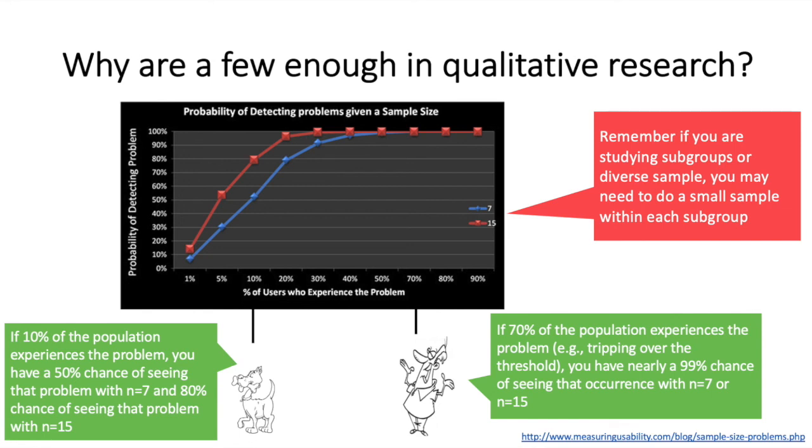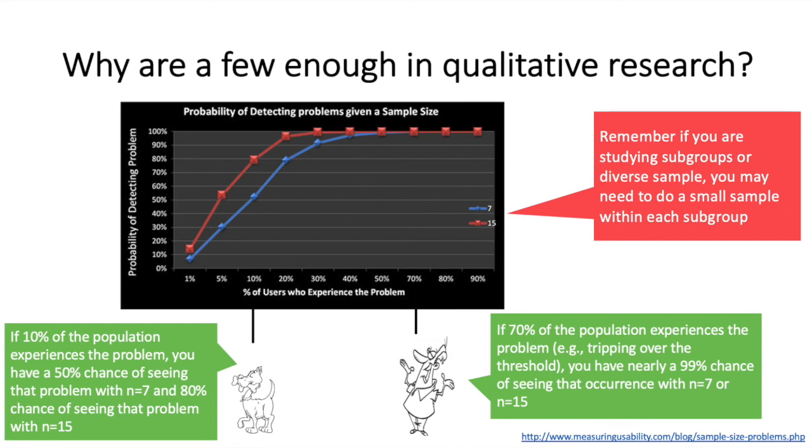This probability chart was taken from measuringusability.com, and it does a good job illustrating how small samples work in qualitative research. On the bottom, the x-axis, you have the percent of users who experience a problem, and this is applied to a usability problem, say with a website.